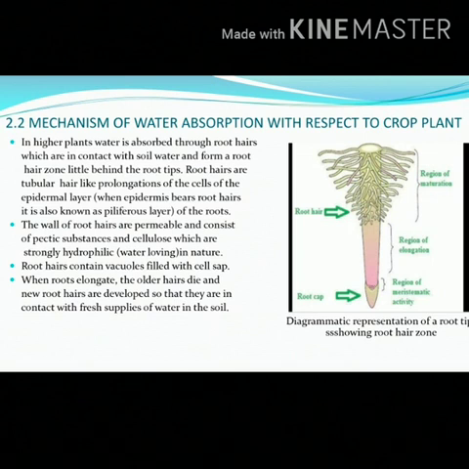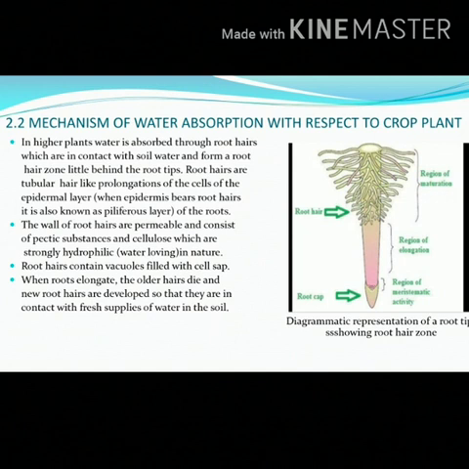In the maturation region, you can see long elongated tube-like structures. These structures are called root hairs, and the zone of these root hairs is also known as the root hair zone. These root hairs are nothing but the prolongations of epidermal cells. When the epidermis bears root hairs, it is called the piliferous layer of the root.